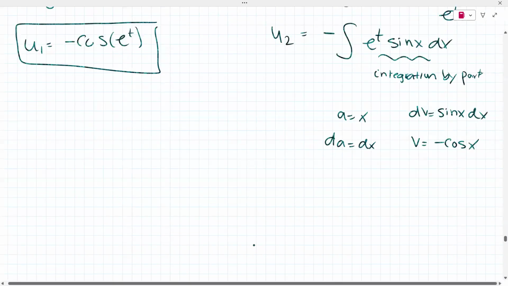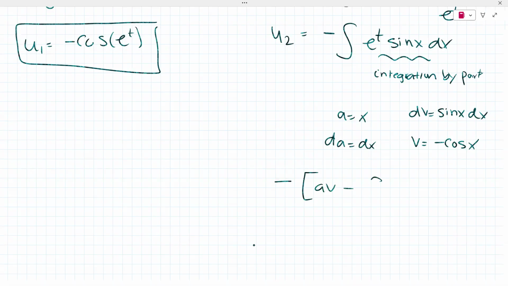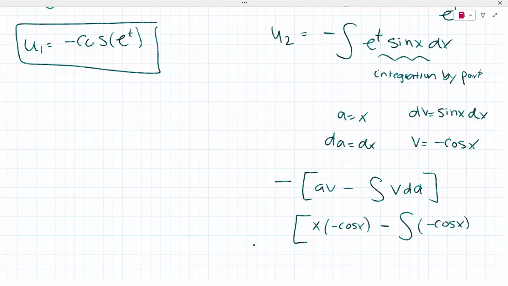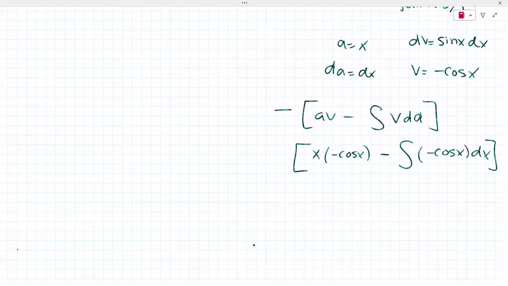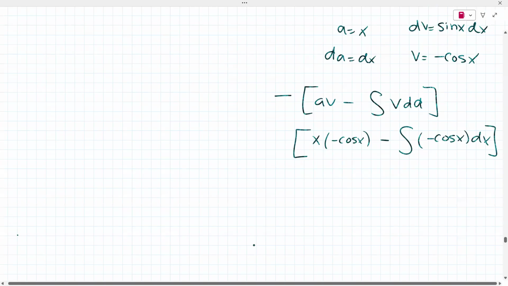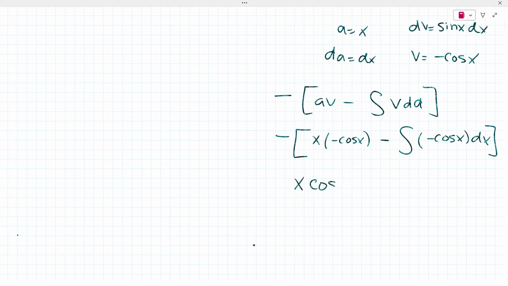So the integration by parts is going to be a v minus the integral of v da. So a is x, v is negative cosine of x, minus the integral of negative cosine of x dx. And here you have an extra minus, so that is going to be negative x cosine of x.